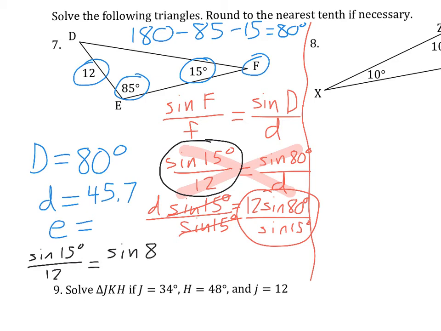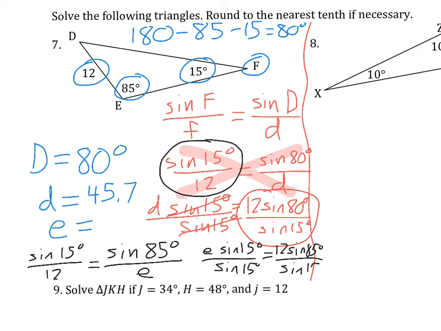Angle E is 85 degrees, and that goes above side E. Cross multiply, you get E sine 15 equals 12 sine 85. And now divide both sides by sine of 15. Go to your calculator, and you get 46.2.